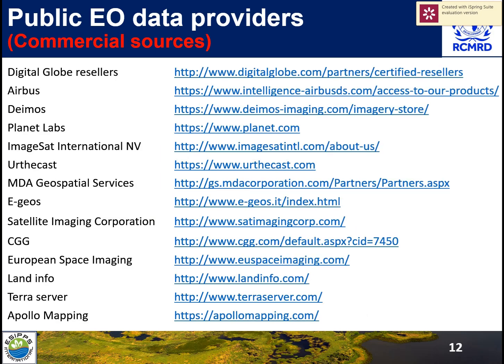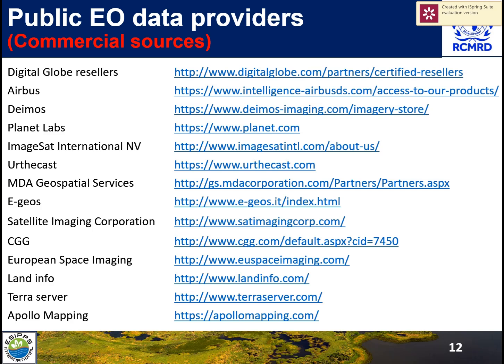The other commercial sources that are publicly available include the Digital Globe resellers, Airbus, Planet Labs, the EGOS, Satellite Imaging Corporation, European Space Imaging, the Land Information, Terra Server, and Apollo Mapping.